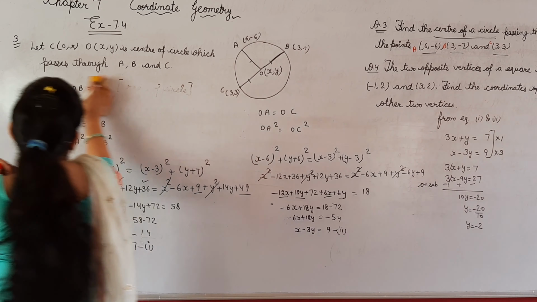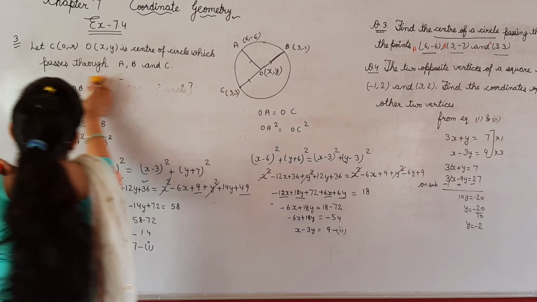Let this be the given square, that it is A, B, C and D, and two opposite vertices, let A is (-1, 2), C is (3, 2). These two are given.